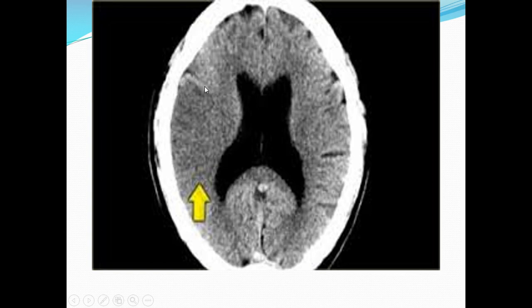The middle cerebral artery has 3-4 types of branches, like M1, M2, M3 pattern. So this is the most distal pattern near the cortex, and this is blocked by the hyperdense thrombus, resulting in the ischemic infarction in the parietal region basically. So this is the case of ischemic infarction in the right middle cerebral artery.